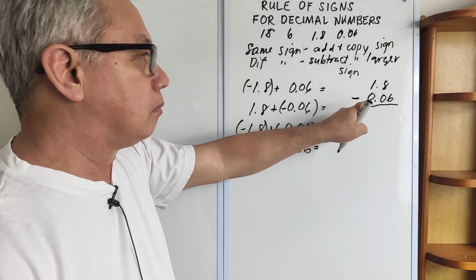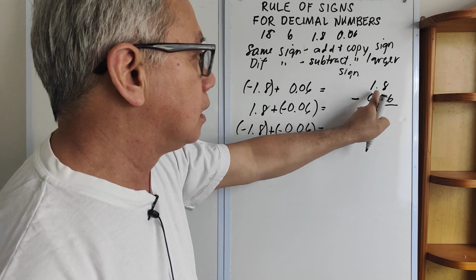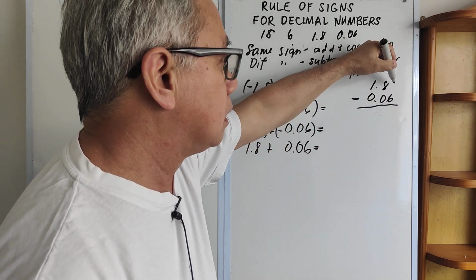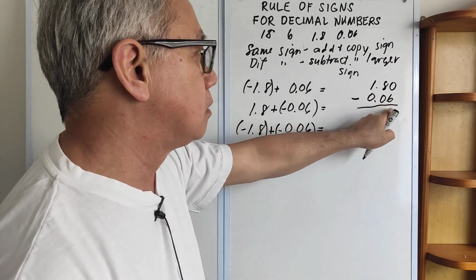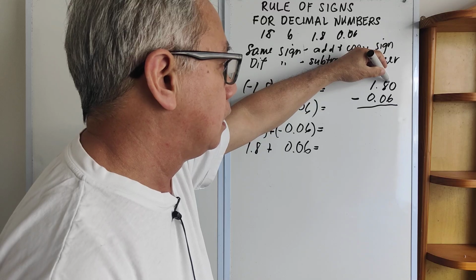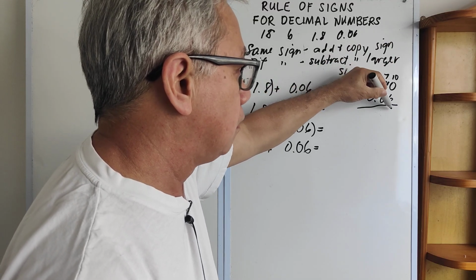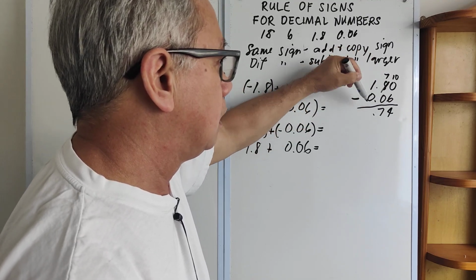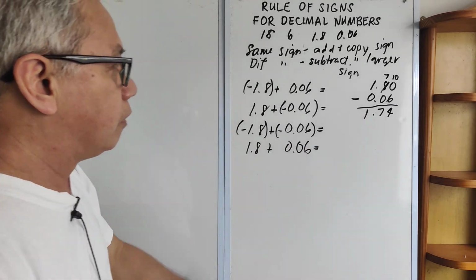So as I have in my previous videos, we align the decimal point and then we subtract. So this one has no number, so we put 0. We subtract 0.6, we cannot subtract, so borrow 1 from 8, so this becomes 7, this becomes 10. 10 minus 6 is 4, 7 minus 0 is 7, and so now we have 1.74.